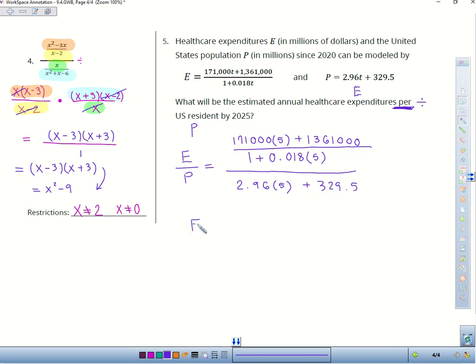But the good news is I already did the calculation ahead of time. So it comes out to be $5,904 per person. So what that means is the average person in the United States is projected to spend $5,904 on healthcare per year.